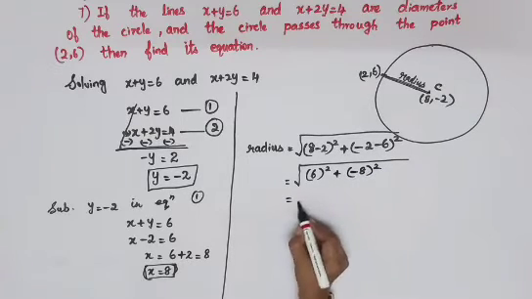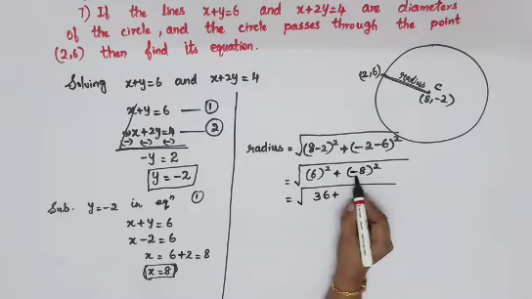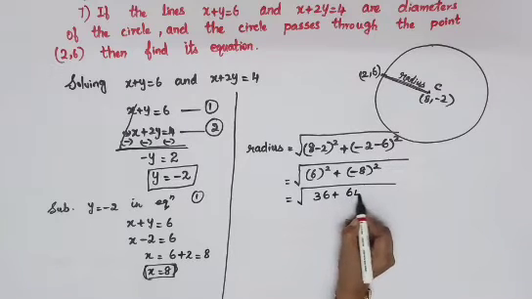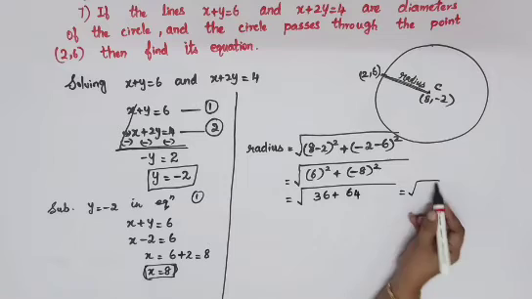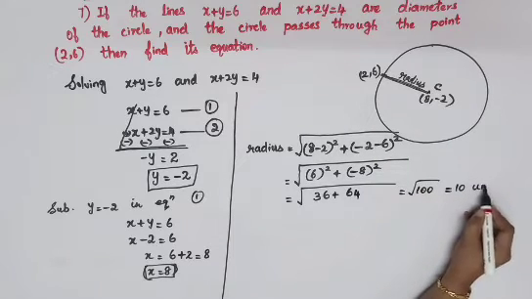So root of 6 square is 36, minus into minus becomes plus because you are squaring it, and 8 square is 64. So root of 100, which is nothing but 10. So you can write it as 10 units.